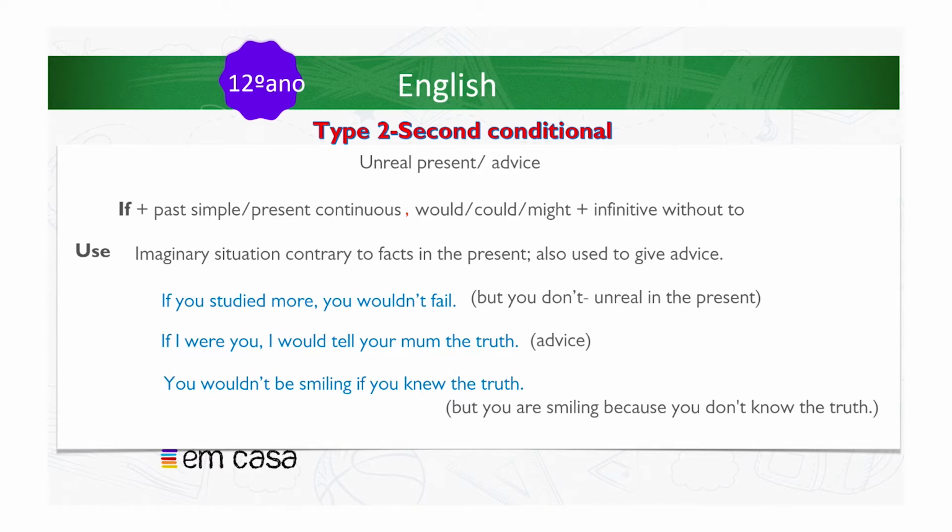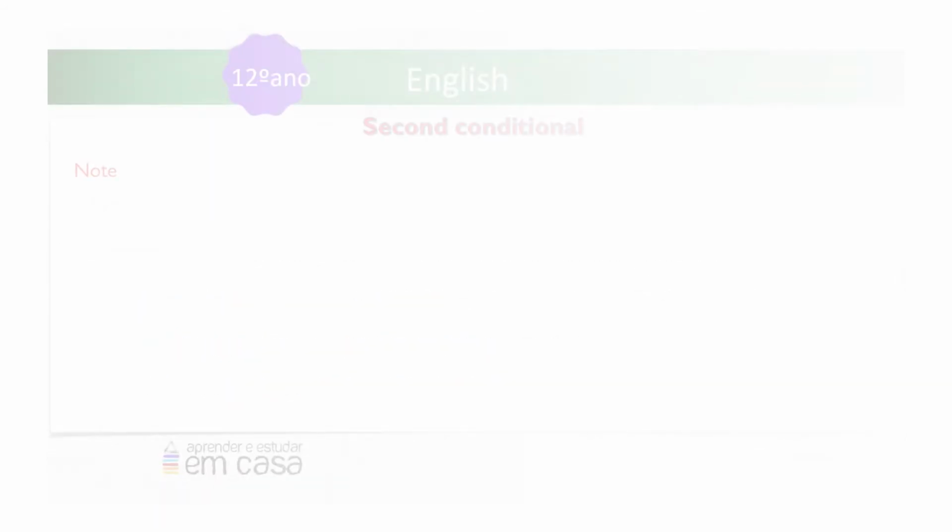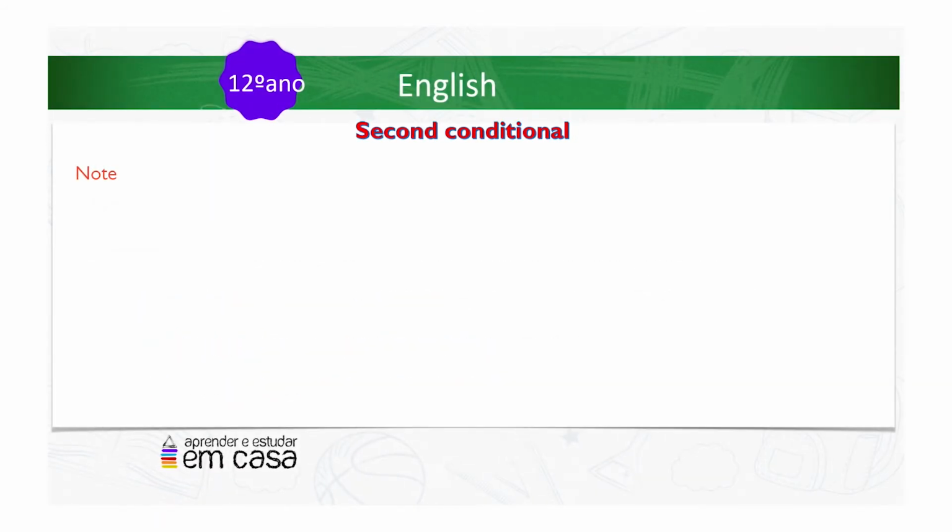Okay? So let's see the second conditional notes. We can use were instead of was in all persons. You know that you have studied I was, you were, he, she, it was.